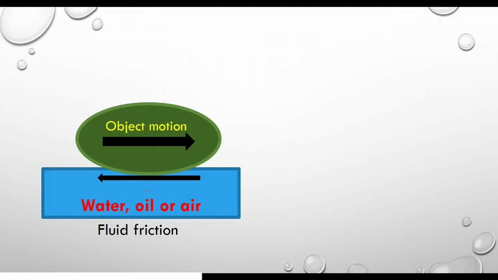Now let's look at the next type of friction. Here there is an object in motion, and the blue color over here depicts water, oil, or air. This kind of friction is known as fluid friction. When a boat or a ship is on water, it is having fluid friction. When an aeroplane is airborne, it is also having fluid friction.